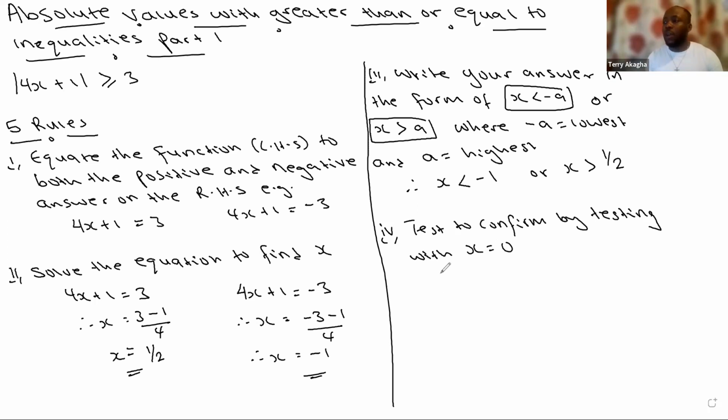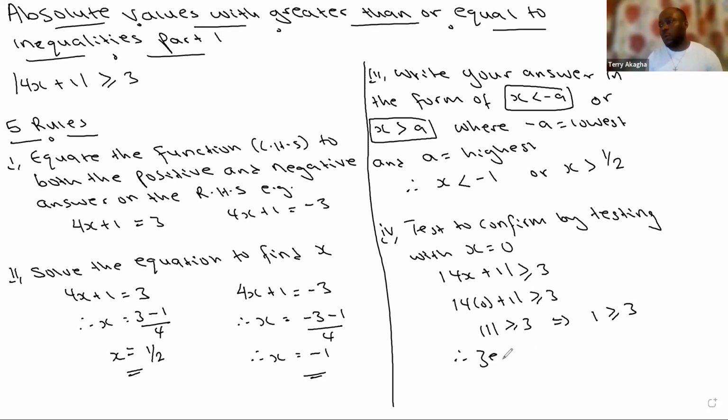So we have the absolute value of 4x plus 1. You put 0 here, so it's going to be 4 times 0 plus 1. This is going to give you 1. Absolute value is greater than 3, and therefore we have 1 is greater than 3. So 1 is never greater than 3. Therefore, 0 does not work.